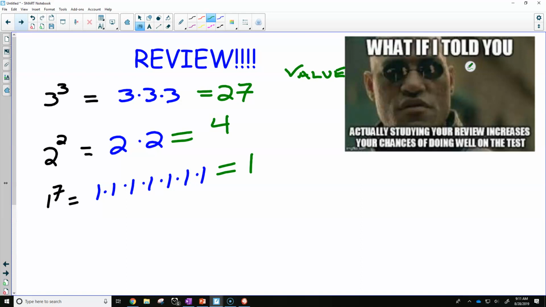So they saw 1 to the 7th and they said 7. When I asked them to write it as repeated factors and they did this, they go, oh. Because 1 times 1 is 1, times 1 is 1. And one person goes, was the answer just 1? I was like, yeah. And they're like, well, that's stupid. It's like, thank you.